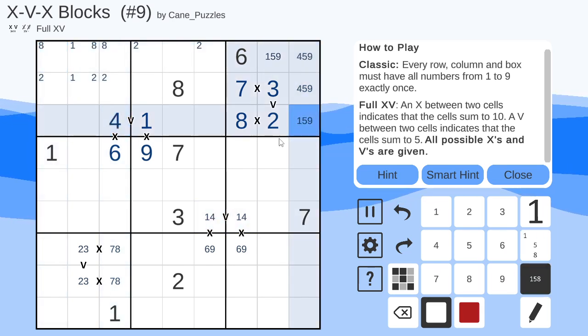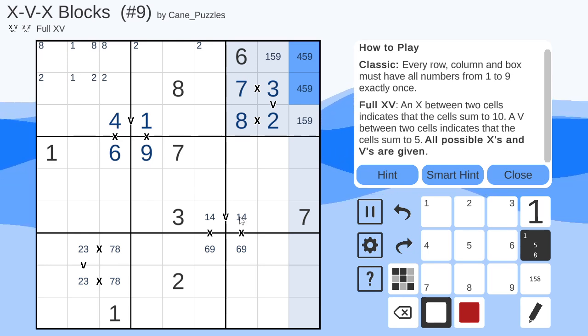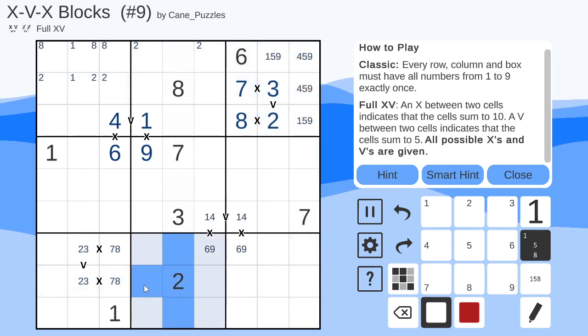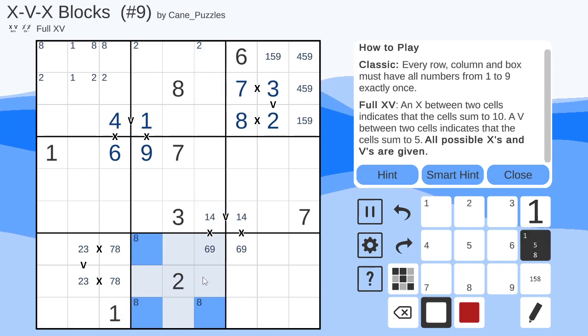This sees this. 4's here either way. One of these. If this is the 4, then the 4 lives here. This 2 blocks all this. These would be potentials for 8.